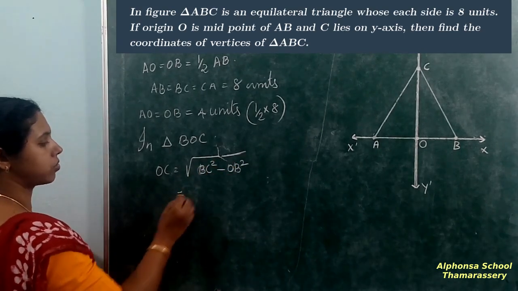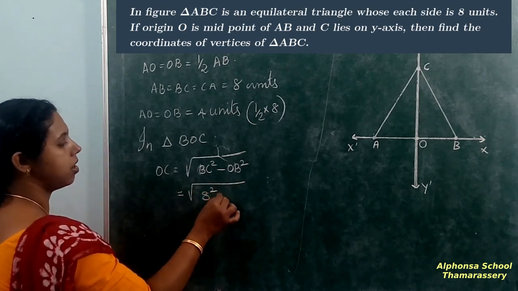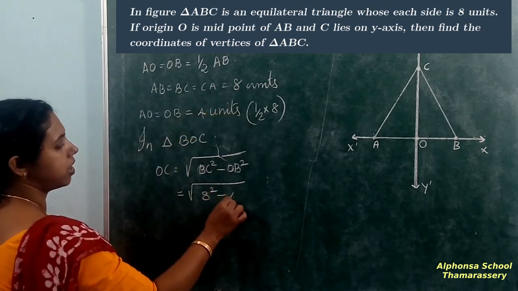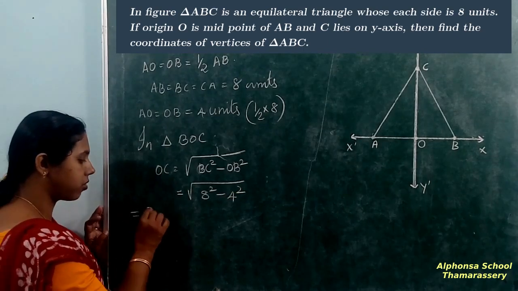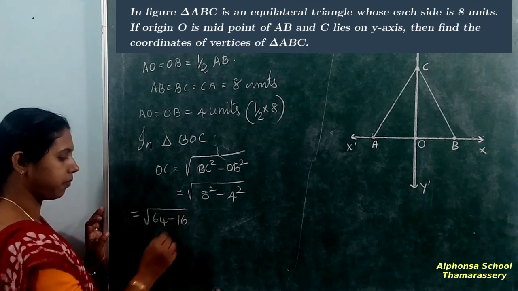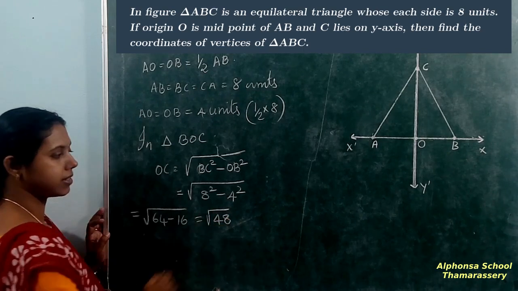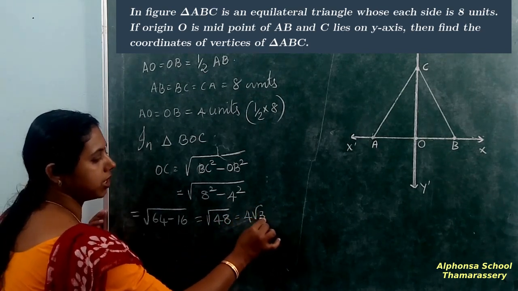That is equal to the square root of 8 squared minus 4 squared, since BC is 8 units and OB is 4 units. That is the square root of 64 minus 16, which is the square root of 48, equal to 4 root 3 units.